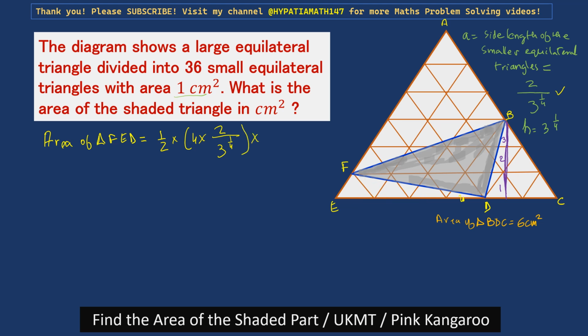Now in this case, you see the height is only the height of one equilateral triangle. This is the height. So the height will be 3 to the power 1 out of 4. So once again, you see that these cancel out, 2 and 2 go, and I'm left with 4.